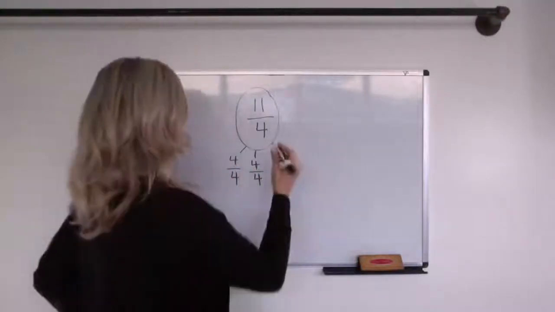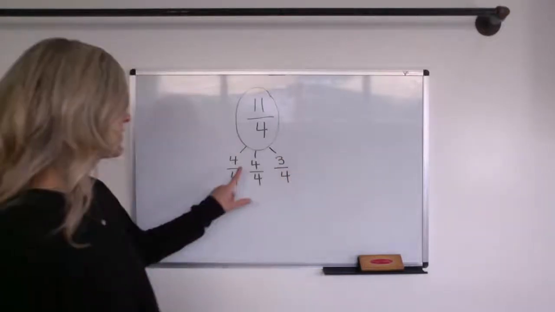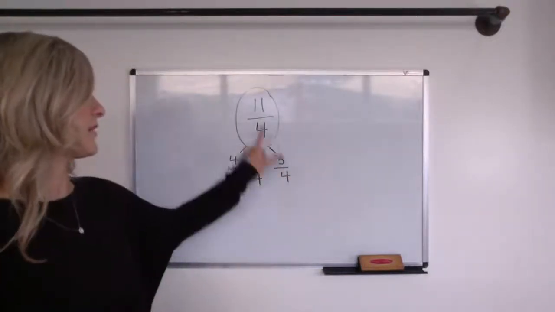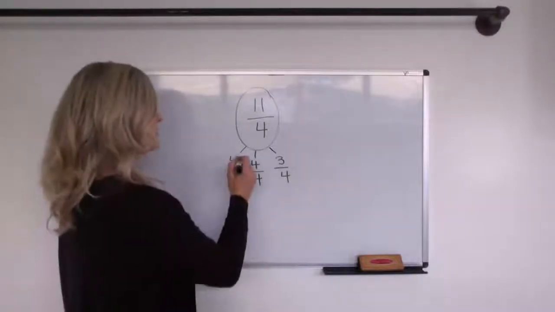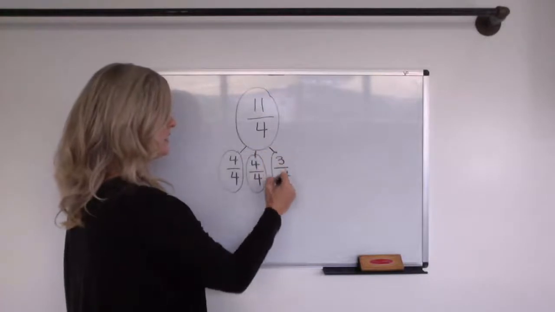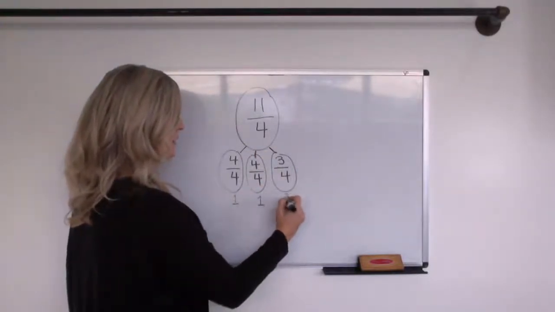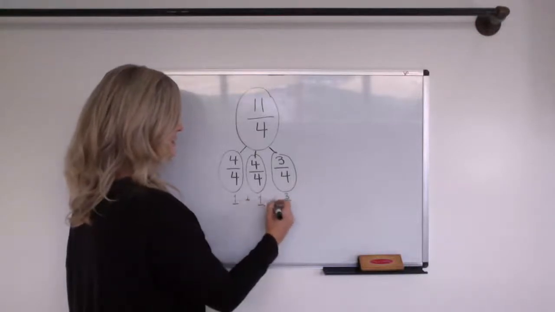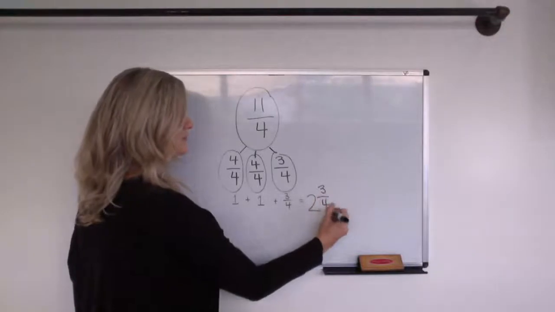I need 3 more fourths. If I add them together, I get this. Okay. So this is 1, this is 1, and this is 3/4. So that's 1, 1, and 3/4. Together that makes 2 and 3/4. See?